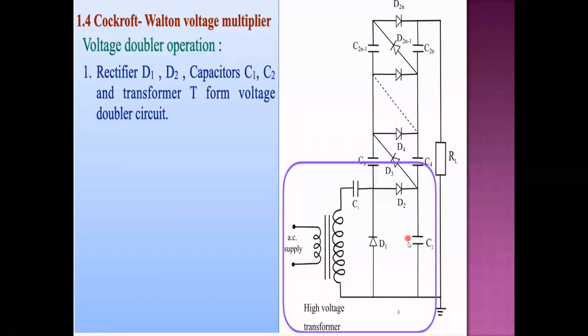Like this, all the voltage doubler circuits are connected in cascade, these voltages are added together, and that much voltage appears across the load. But you require only one high voltage transformer. By using only a single transformer, we generate very high voltage across the load.